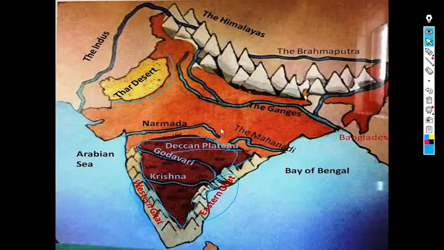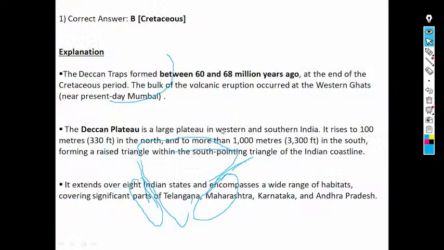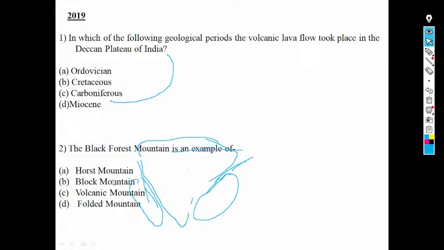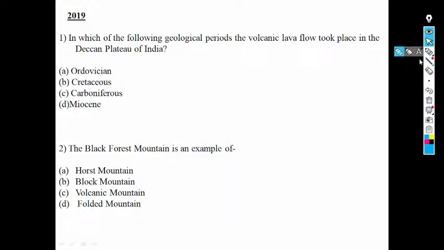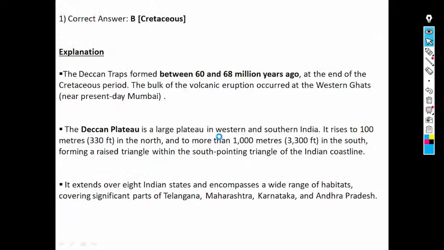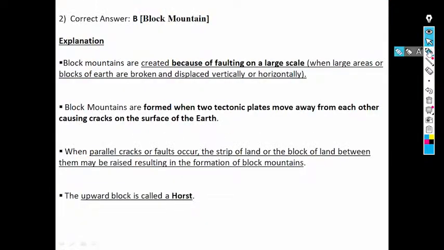Next, we'll see the Black Forest Mountain. The Black Forest Mountain is an example of a block mountain. Block mountains are created because of faulting on a large scale.